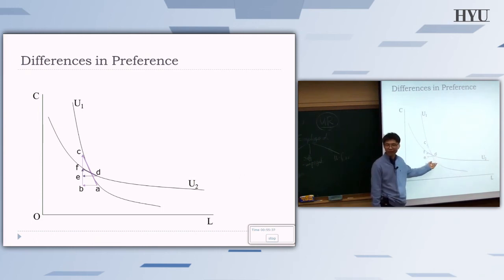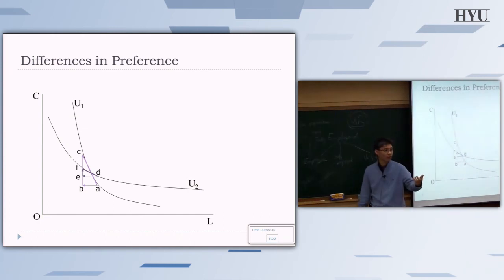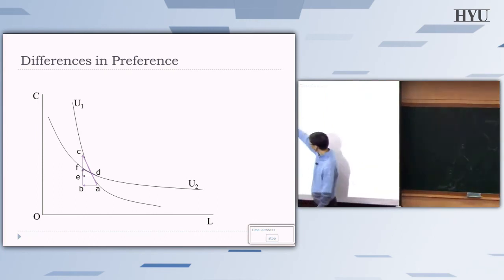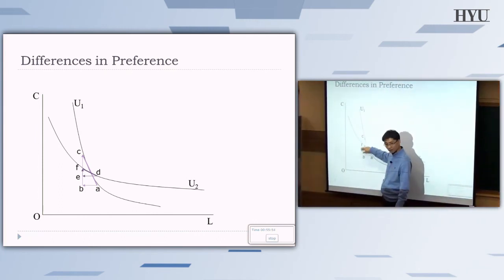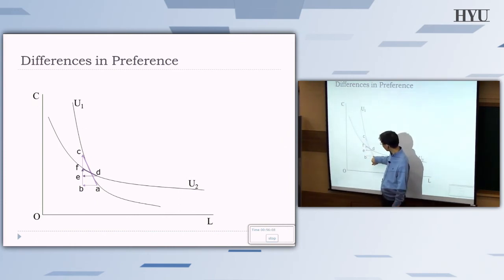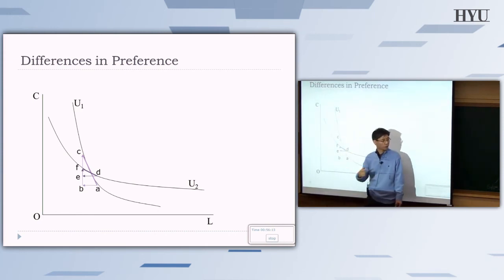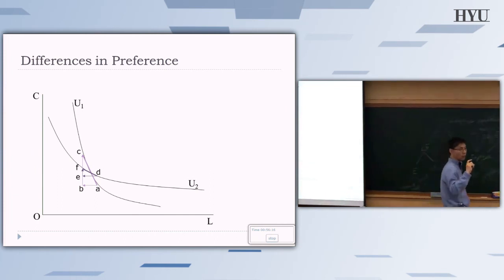The person who values leisure more should be the one who wants more compensation in goods. To give up AB, person 1 wants BC. And to give up DE of leisure, person 2 wants only EF. So for person 1, this leisure is equivalent to CD goods, while for person 2, DE leisure is equivalent to only EF goods.